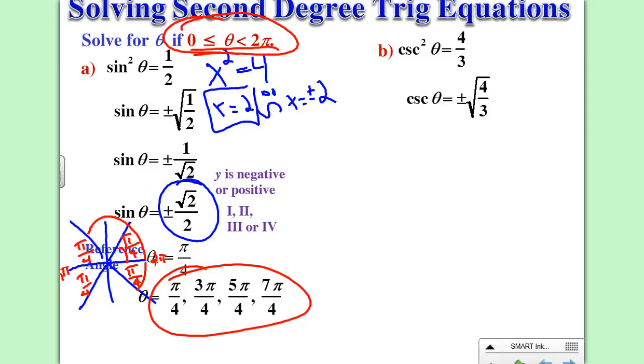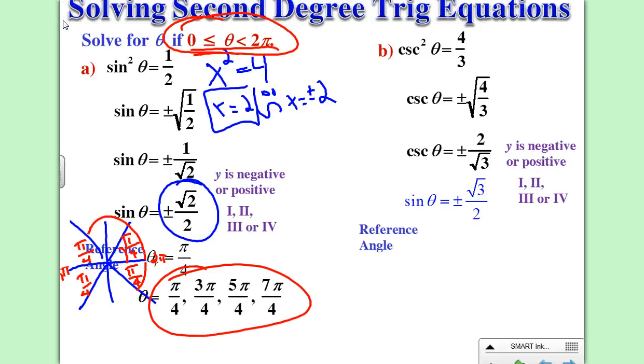In question B, cosecant squared is 4/3, so I take the square root, which makes plus or minus 2/√3, but cosecant, not cool. I flip it over and make it into sine. Sine theta is plus or minus √3/2. It is both positive and negative, so I'm going to stop drawing the diagrams every time. It's in all 4 quadrants. When is sine equal to √3/2?